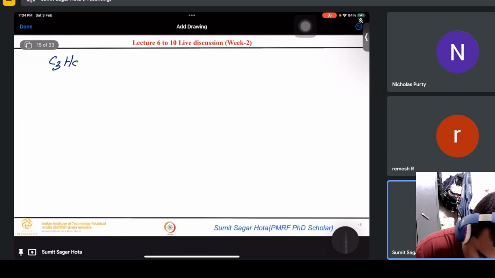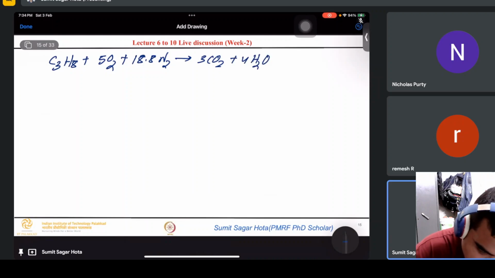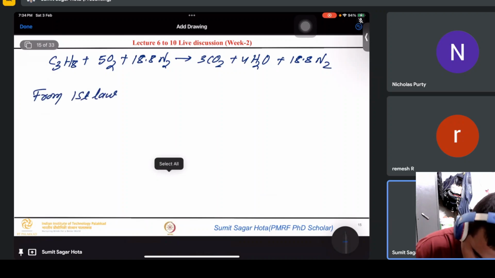Now the modified equation. Now we just have to write down, from the first law for the steady-flow condition and constant specific heat.